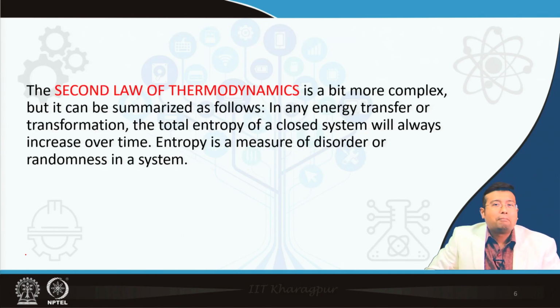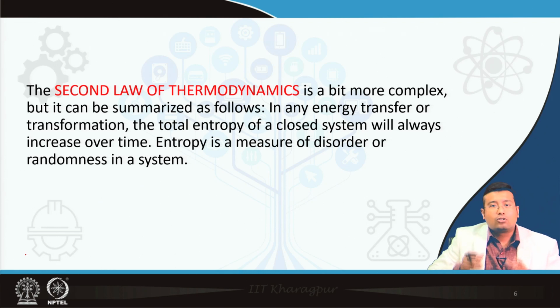The second law may not be as easy to read, so we have simplified the concept for you. It states that in energy transfer or transformation, the total entropy of a closed system will always increase over time. So, the very important concept of entropy is introduced in the second law of thermodynamics. What is entropy? Entropy is a measurement of the randomness or disorderliness of a system, how disordered the system is.